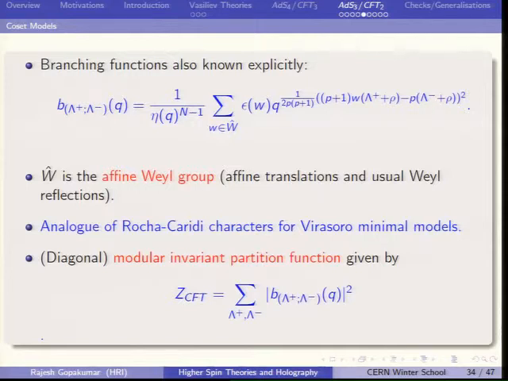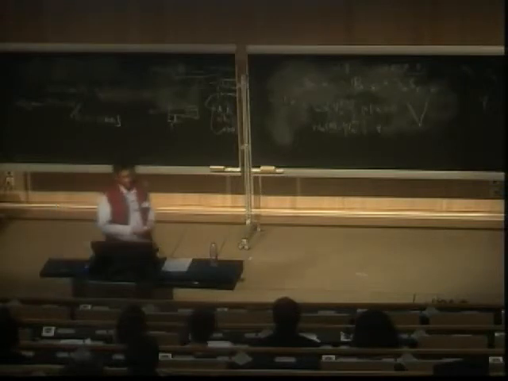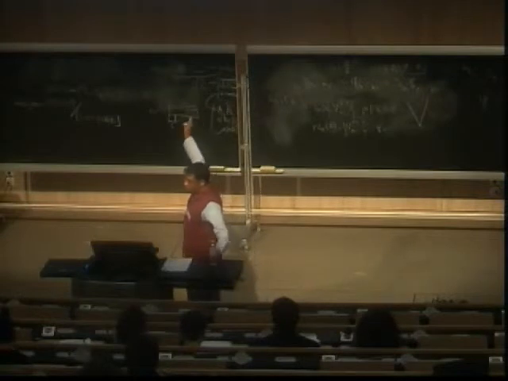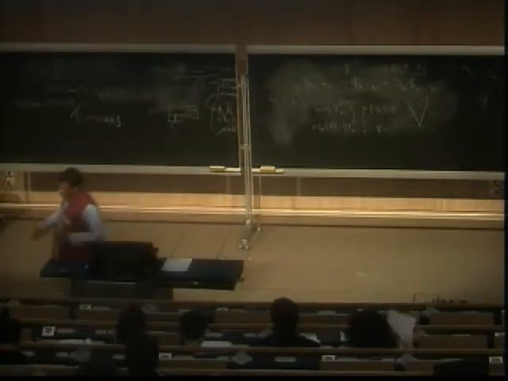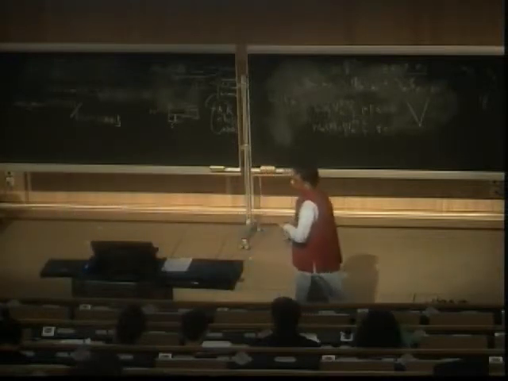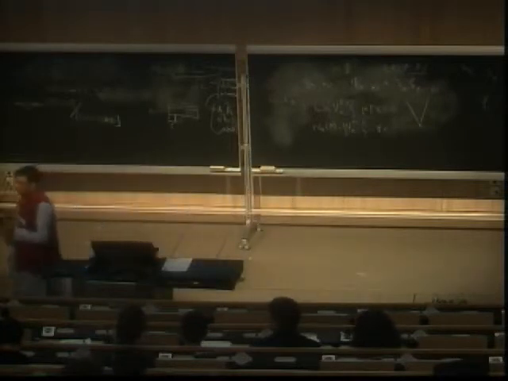So just to tell you that things are known very explicitly, you get the generalizations of the usual characters in the Virasoro minimal models. So that's where I'll stop for today.